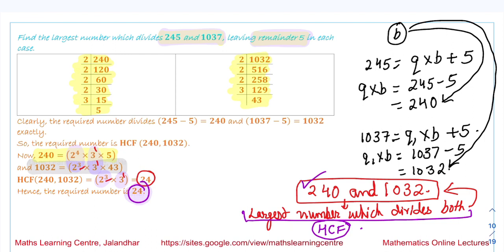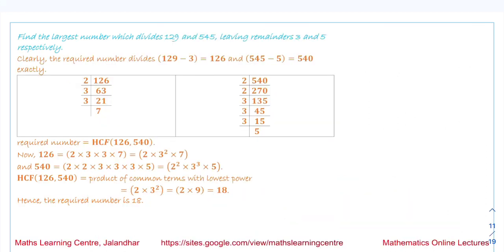The next is: find the largest number which divides 129 and 545, leaving remainders 3 and 5 respectively. Again, suppose the number we are calculating is B. On dividing 129, suppose the quotient is Q1, so we have Q1 multiplied by B, and the remainder it leaves is 3.